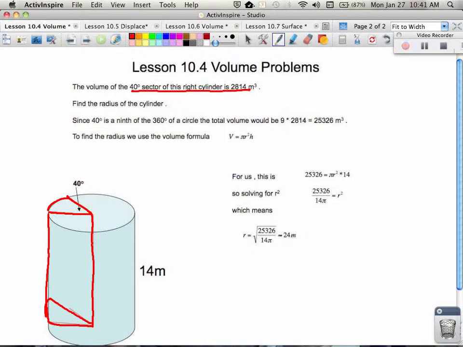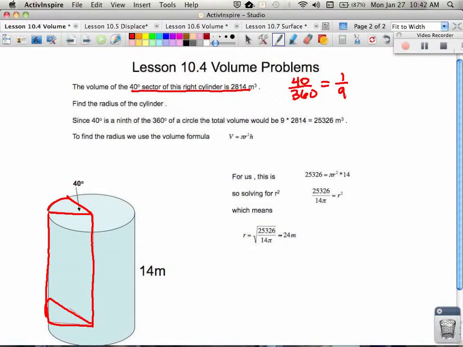Now, we know that's 40 degrees out of the 360. So 40 divided by 360 is the same thing as 1/9 of the volume of the total cylinder.